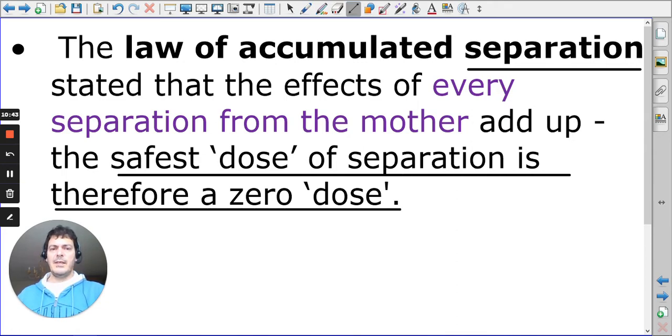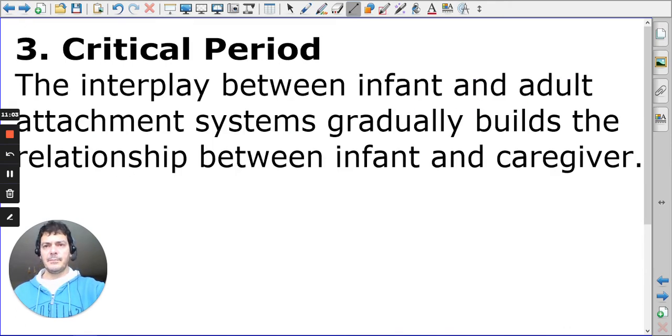So in other words, if the child is never separated from the mother, then that's ideal. Okay, so there we have monotropy. You can see it's quite a strong way of talking about parenting, talking about primary attachment figures, and certainly a big part of Bowlby's theory.